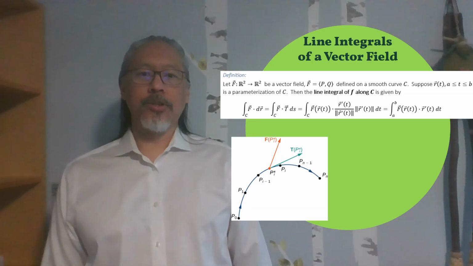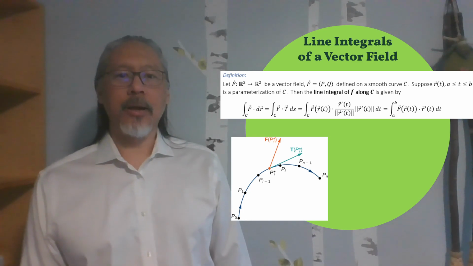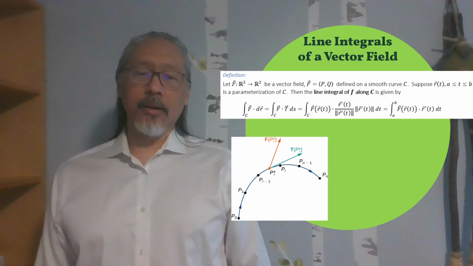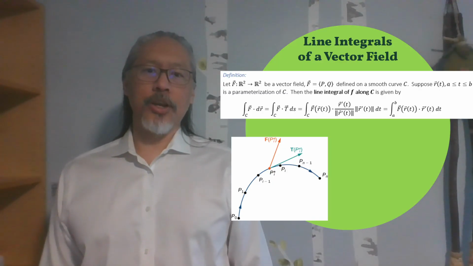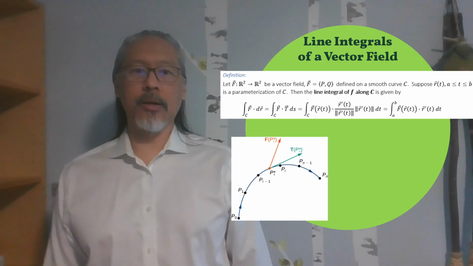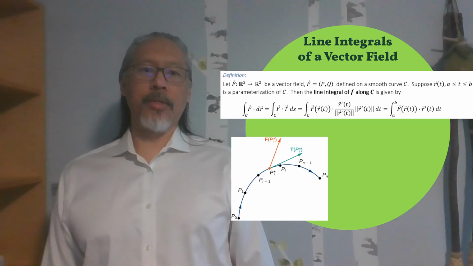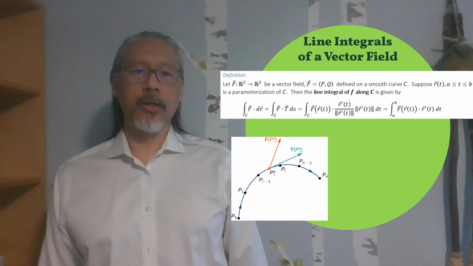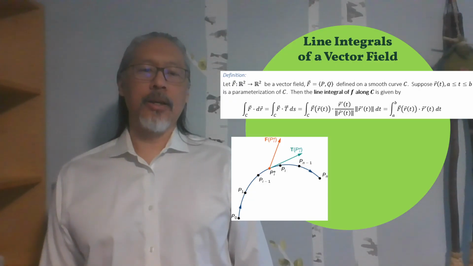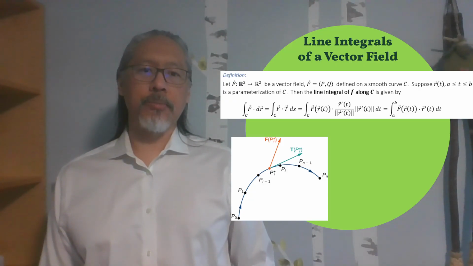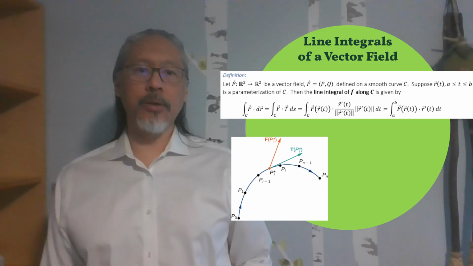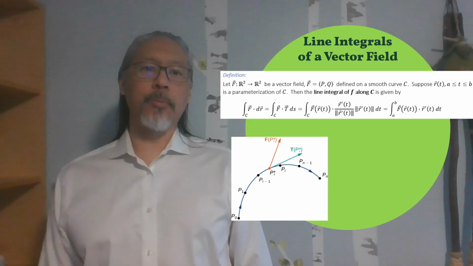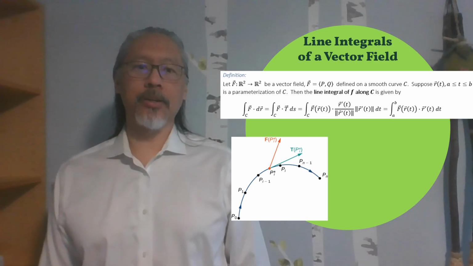One can imagine the geometry with this as a dot product between the vector field and dr. If we take the parameterization of the curve C as r, then our definition turns into a working definition where we integrate the vector field: for each point on the curve r of t, we put that into the vector field, and then we dot it with the r prime of t, the tangent vector.